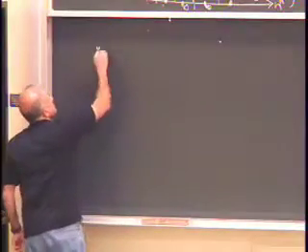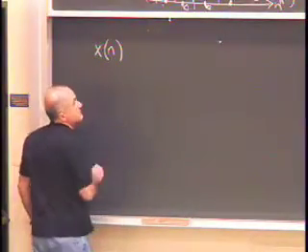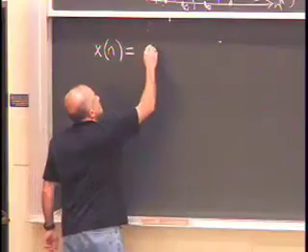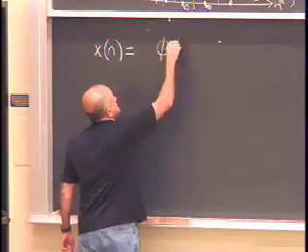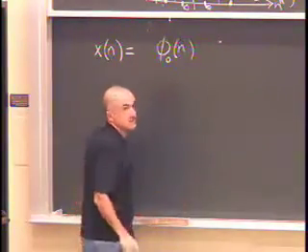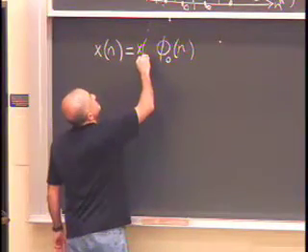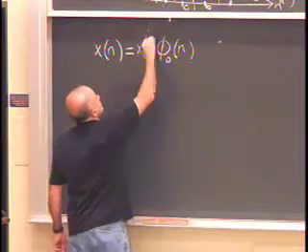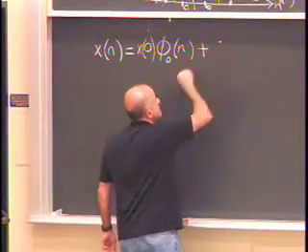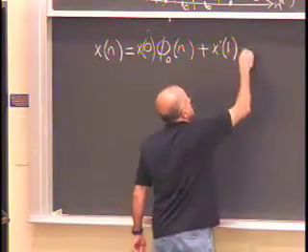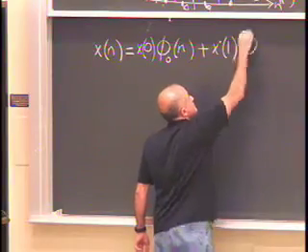x of n is equal to phi 0 n times 1, which is x of 0, plus x of 1 times phi 1 n.